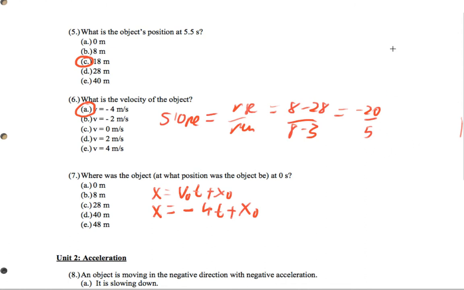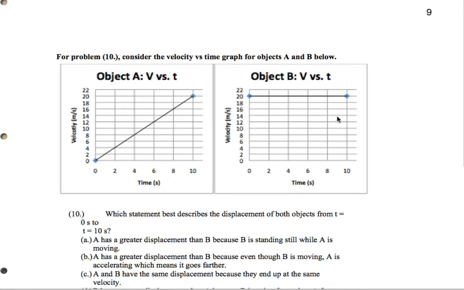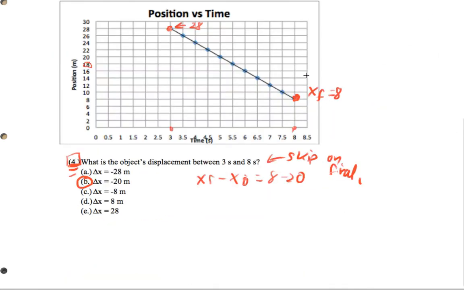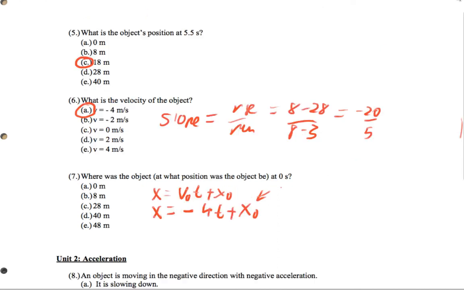Now let's see if we can figure out what this x naught is by plugging in a number. I know that at 8 seconds we're at 8, so let's plug that into the formula. So I know 8 equals negative 4 times 8 plus x naught, and then when I solve, I'm going to get that x naught is at the 40 meter mark.